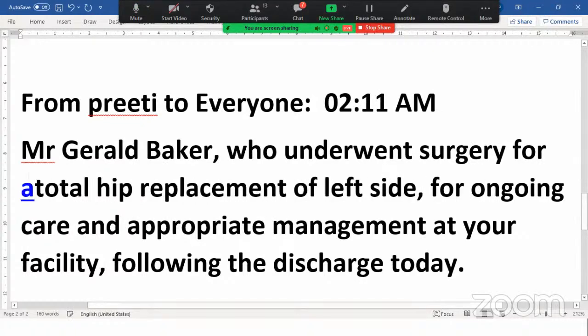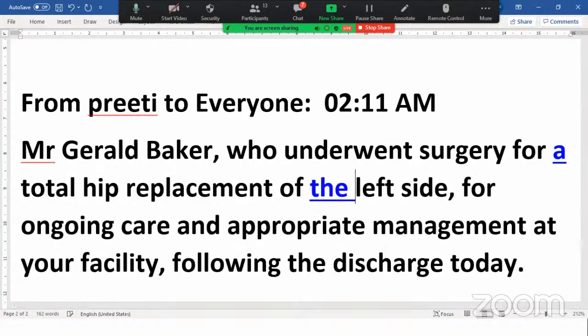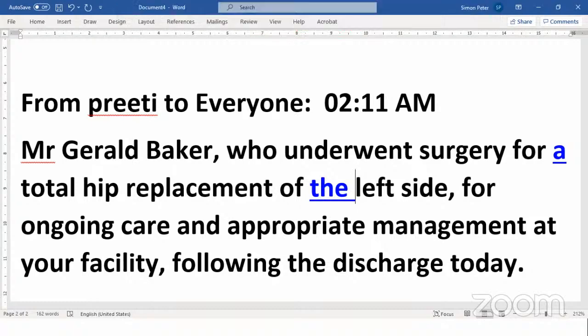A replacement. For surgery, you won't use a, but for replacement, a total hip replacement of the left side. For a body part, you must use the. It is not hip replacement of the left side.